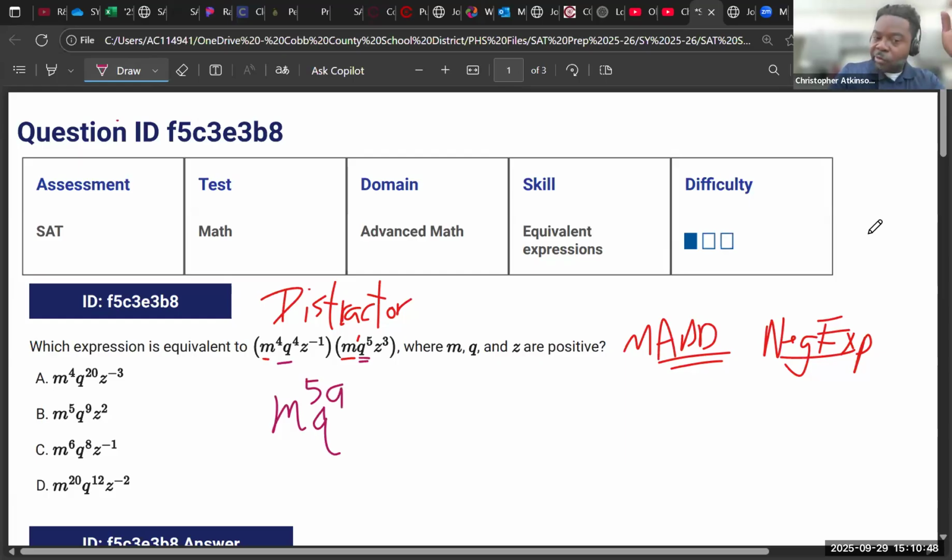Then the Z to the -1 and Z to the 3. Because they have the same variable Z, I can just do 3 minus 1 and get Z squared. But with the negative exponent I mentioned earlier, I have Z to the -1 times Z to the 3.